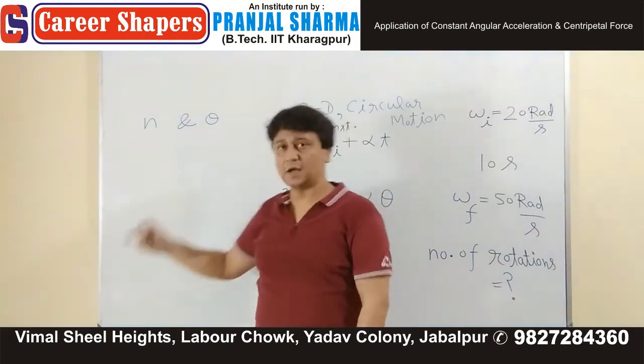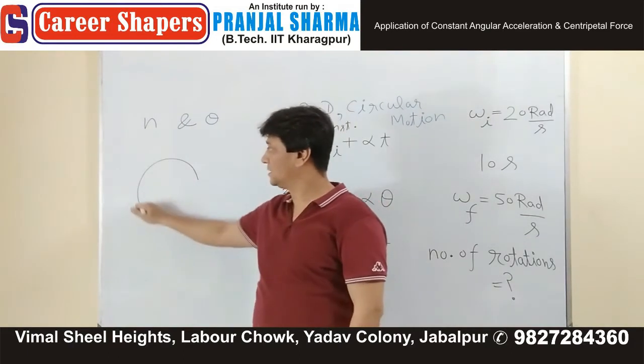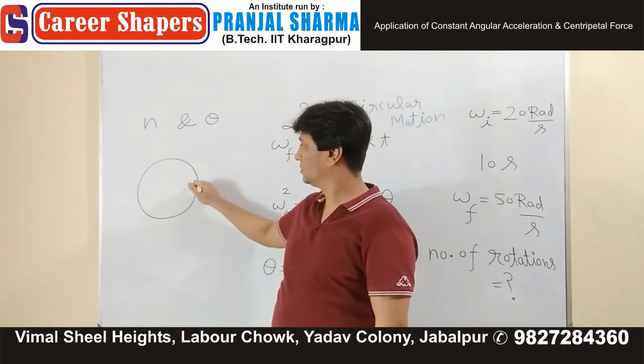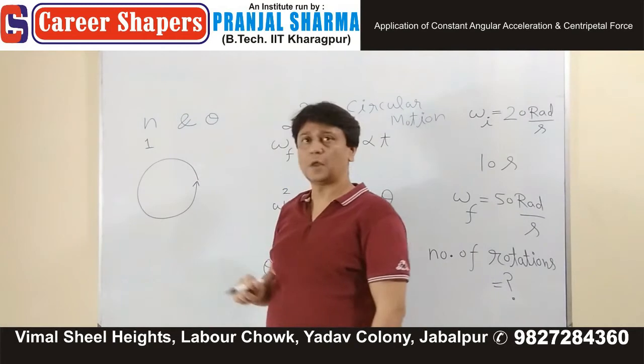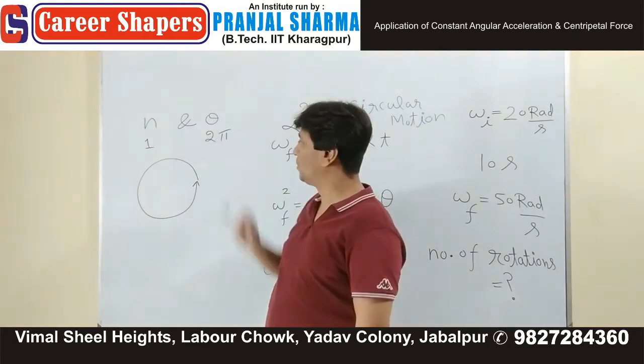A very easy task. If an object completes one rotation, then what is the angular displacement? 2 pi.